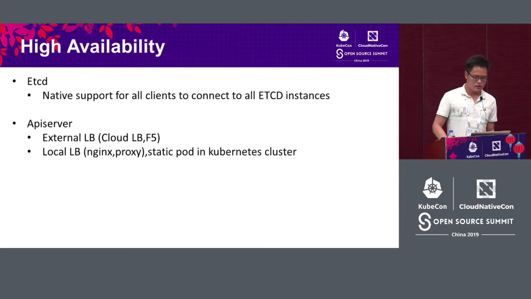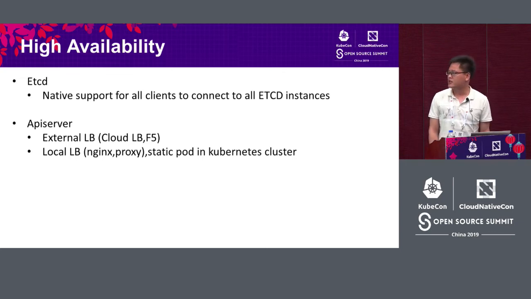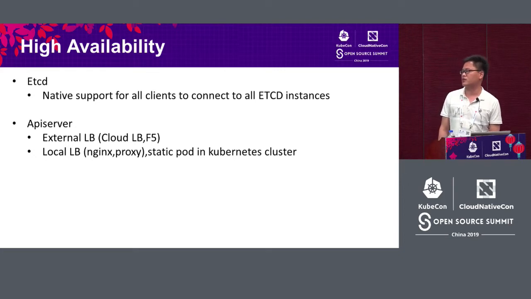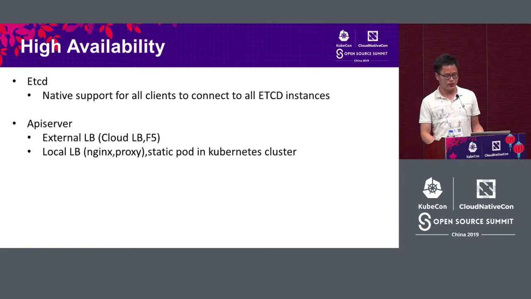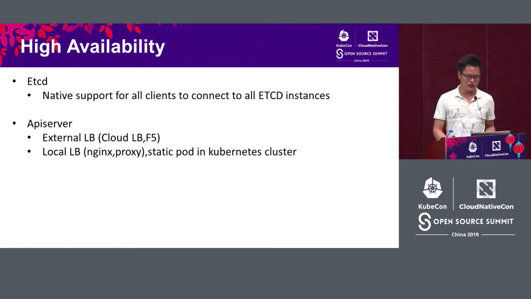Now let's look at HA architecture. etcd HA architecture. Usually, if you have 3 etcd, and if 2 fail, then the entire cluster will fail. And then the API server high availability.